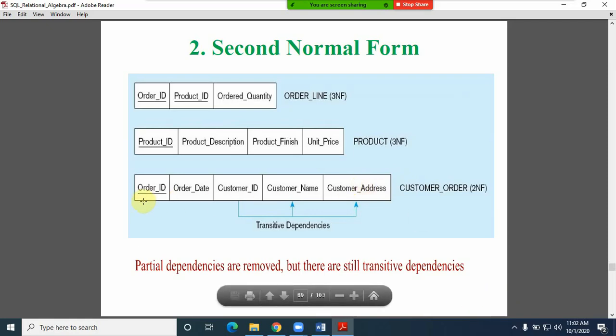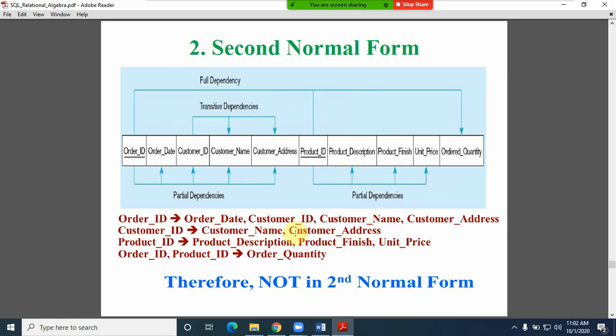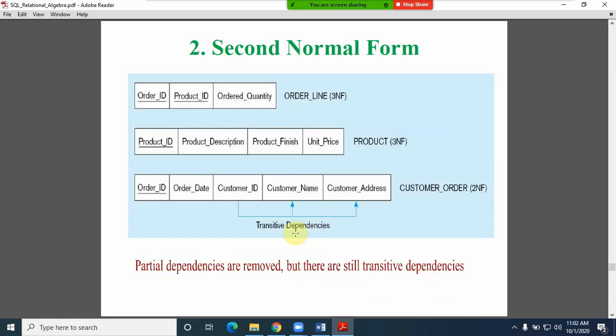If you are referencing the customer order ID, so just I am taking the order ID, order date, customer ID, customer name and the customer address. If you are observing this particular table, this becomes the second normal form. Leave this second, third normal form. Just observe, from this particular table we have split the table into three different tables, friends.